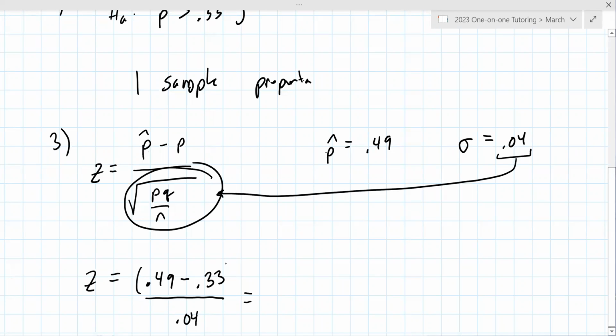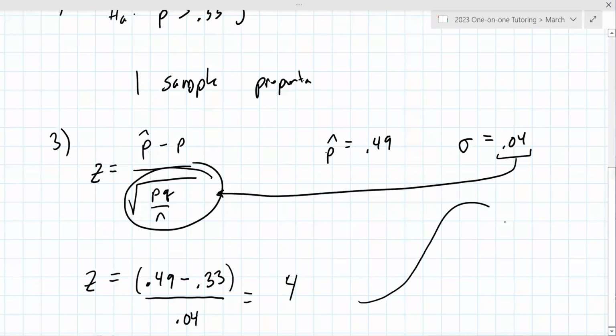Did you put parentheses around your numerator? Is it 4? It is 4, yes.